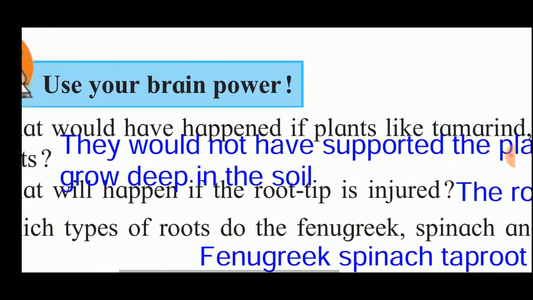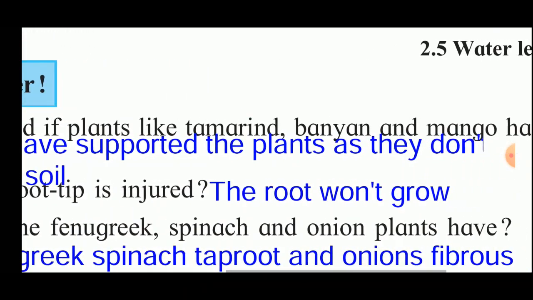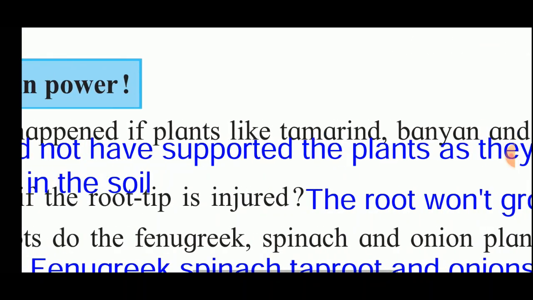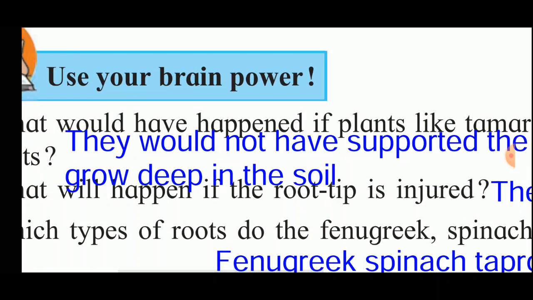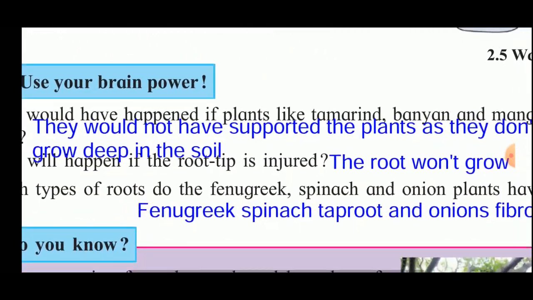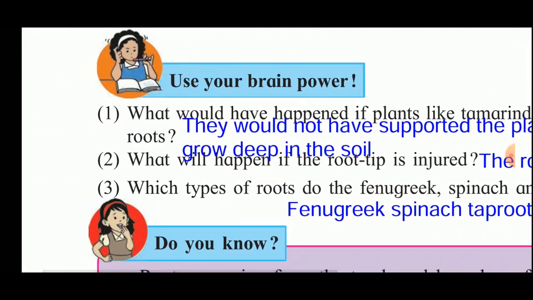Now you know tamarind, banyan and mango trees are very big, so they need strong roots in order to keep them deep rooted into the soil. If they had fibrous roots, which we know do not grow deep into the soil, these trees would not have been supported.